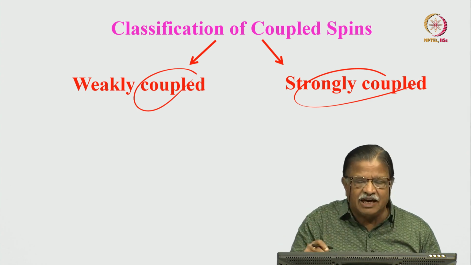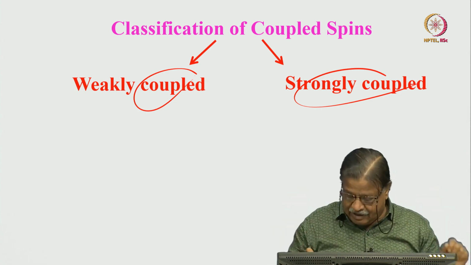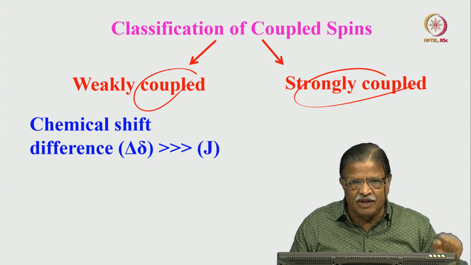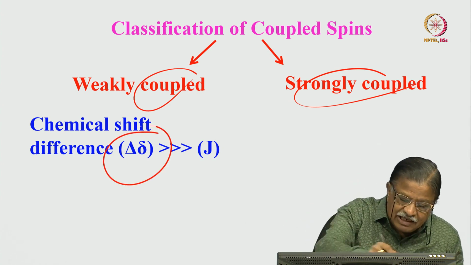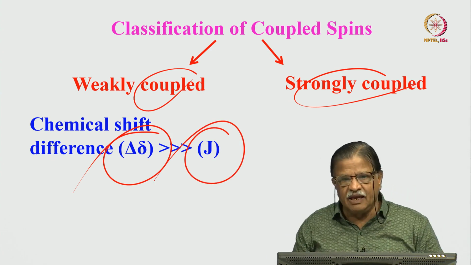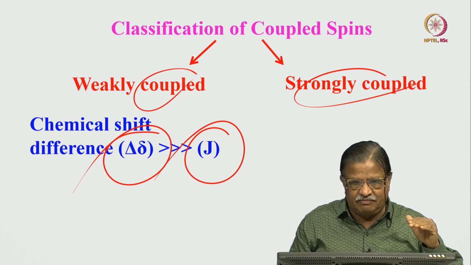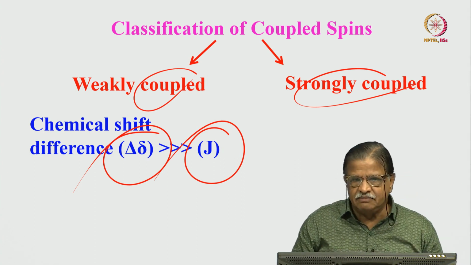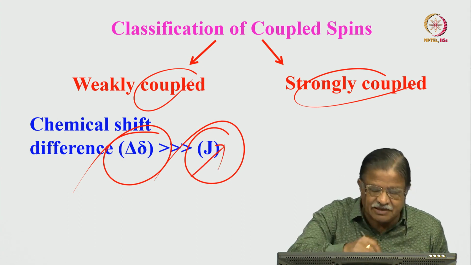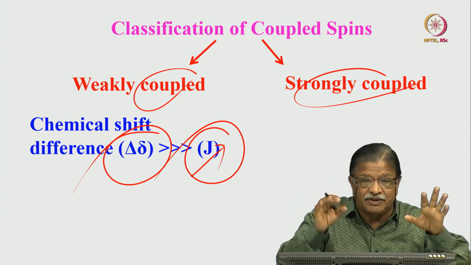The way to understand whether two protons are strongly coupled or weakly coupled is different. You have to measure the chemical shift difference between the two coupled spins and measure the J coupling. If the chemical shift difference between two coupled spins is very large compared to the coupling strength, then it is called weakly coupled spins.